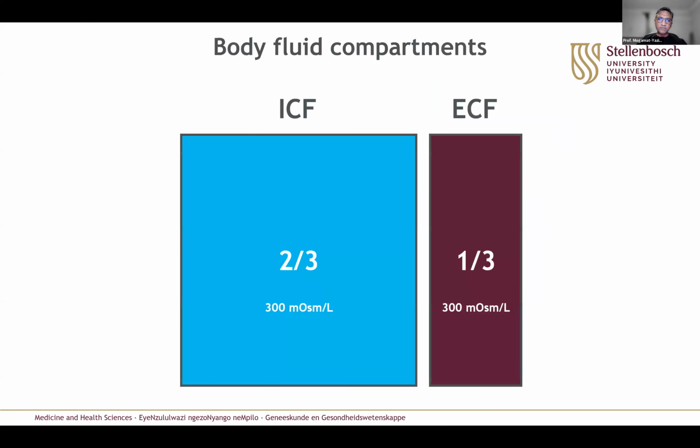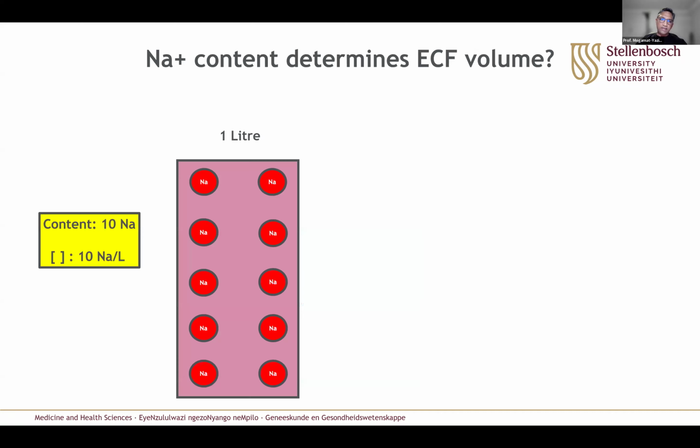Now, just a little bit more on body fluid compartments. Total body water is 50% in a female and 60% in a male. And whether you're male or female, that total body water is divided up into 2/3 intracellular fluid compartment and 1/3 in the extracellular fluid compartment.